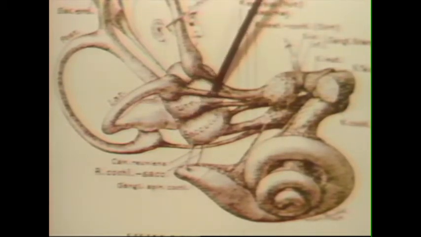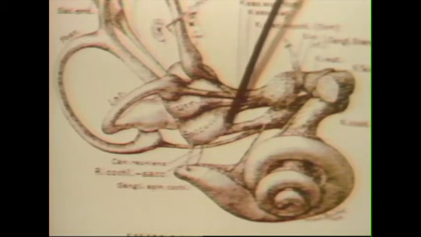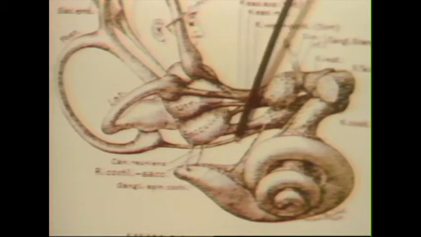So here is the utricle. The saccule has some otolith organs too, but we simply do not know what it does.